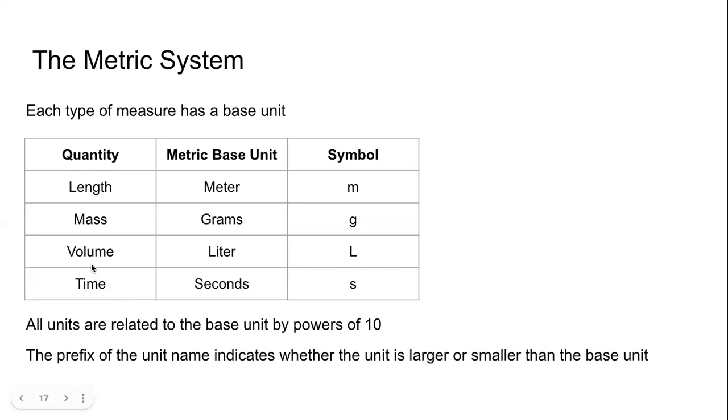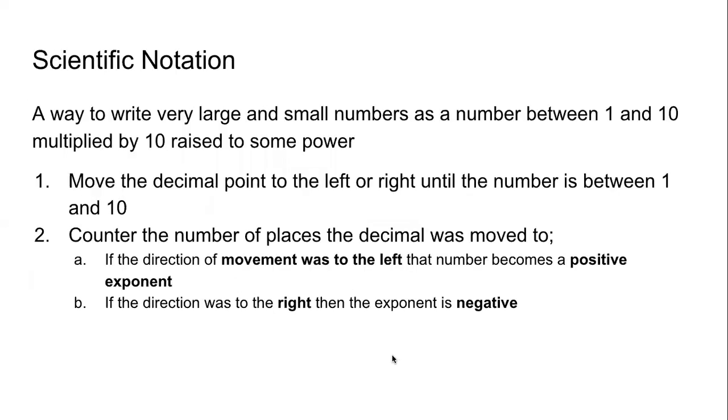And when we want to talk about time or how long something takes, that base unit is seconds. And the symbols here below for each unit. And then all units are related to the base unit by a power of 10. We'll describe this in the upcoming slides. And the prefix of the unit name indicates whether the unit is larger or smaller than the base unit.